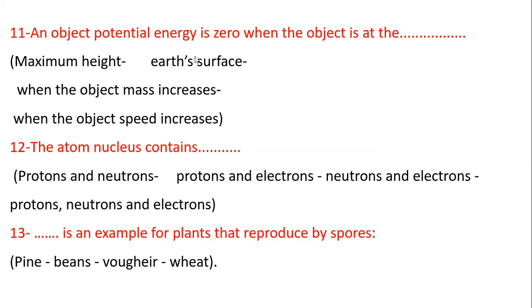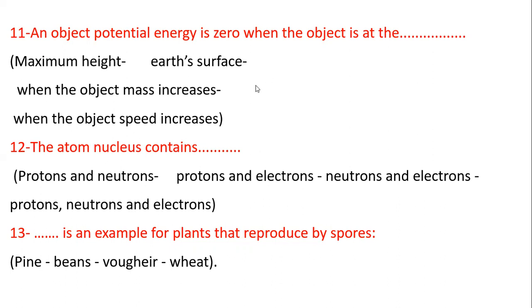An object's potential energy is zero when the object is at, so when is the potential energy zero? When the object is at maximum height, or at Earth's surface, or when the object mass increases, or when the object speed increases.